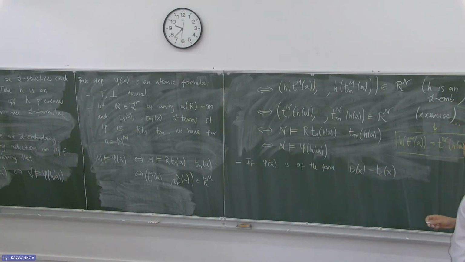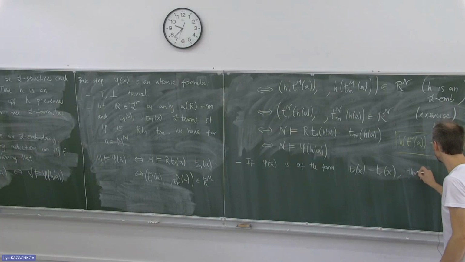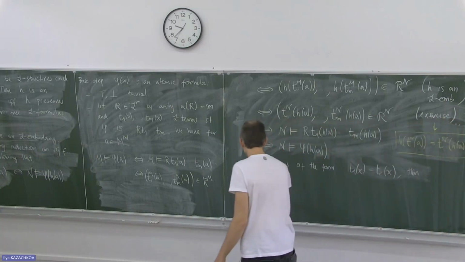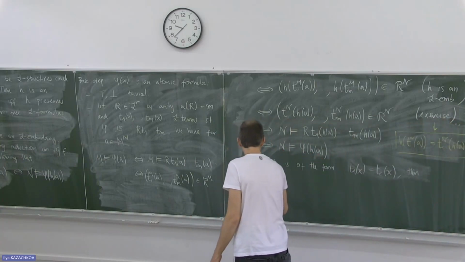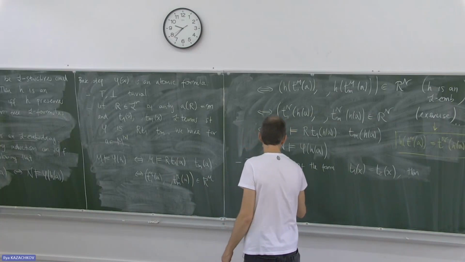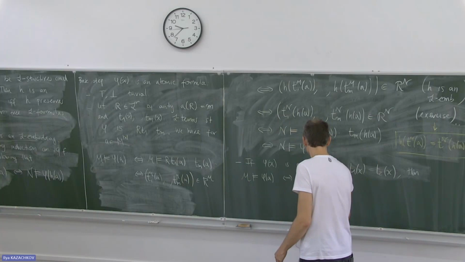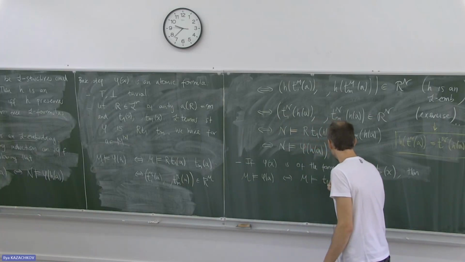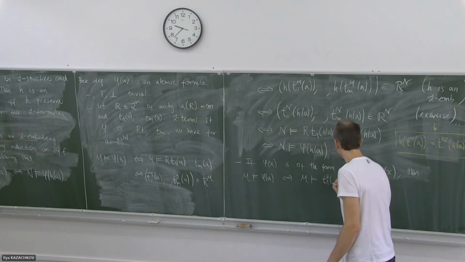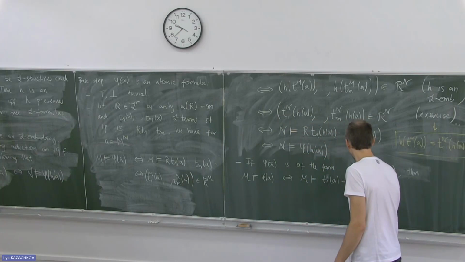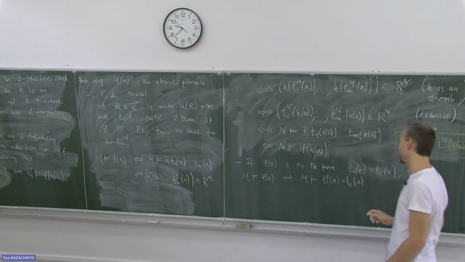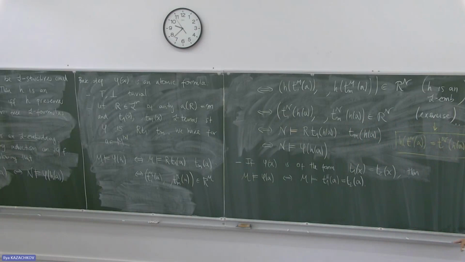If this is my atomic formula, well then let's prove it, right? Suppose that M satisfies this formula phi of A, and this by definition means that M satisfies that T1 A is equal to T2 of A. This is just the definition. I'm just saying what phi is.